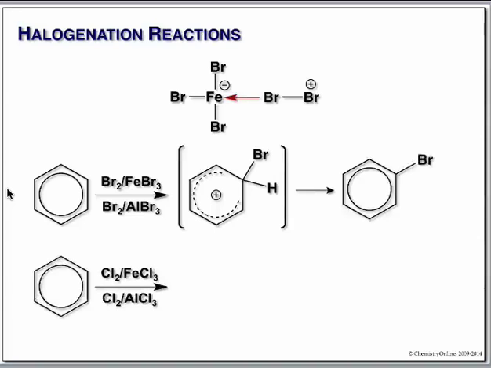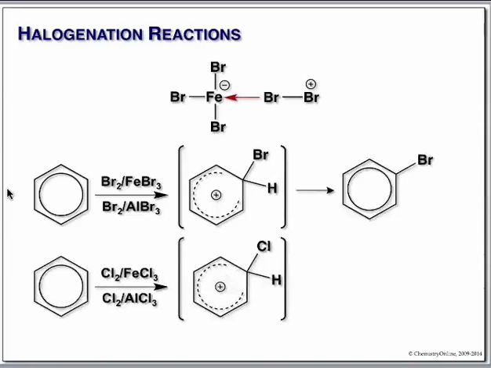The halonium ion-like species is going to add to the ring. It is no longer aromatic. We lose the hydrogen, leave the electrons behind, and get chlorobenzene. Now again, this is a standard mechanism question.